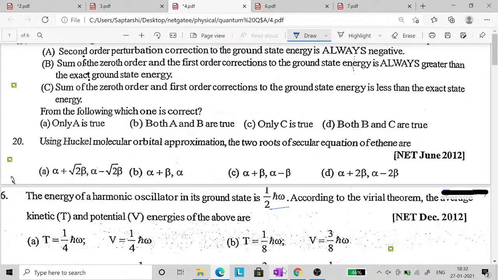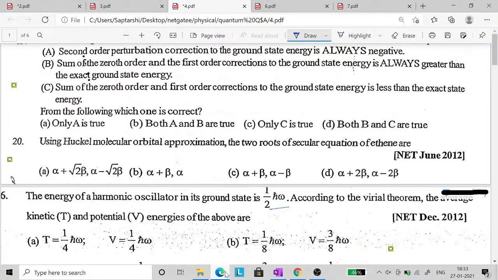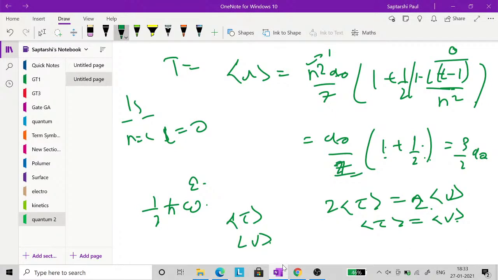Yeah, harmonic oscillator. So for this we know that the formula is 2T equals nV, and for your harmonic oscillator n is equal to 2, so T is equal to V. What we have to find is the kinetic and the potential energies. So that is easy.